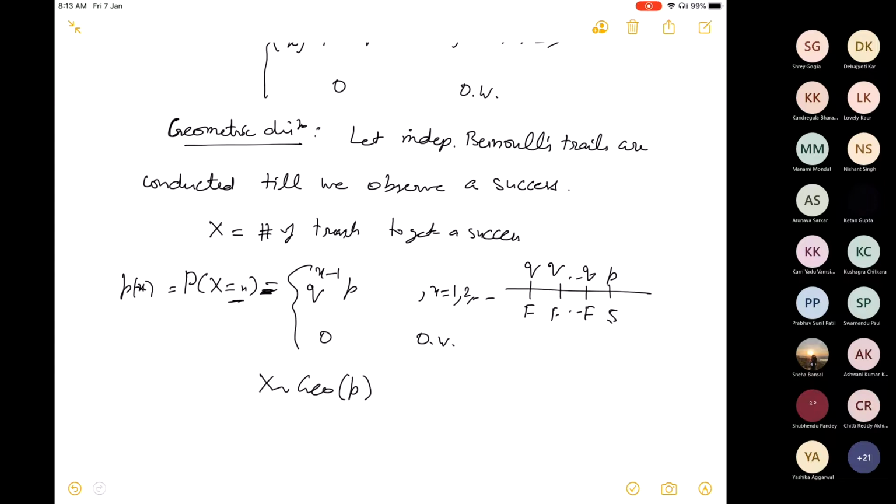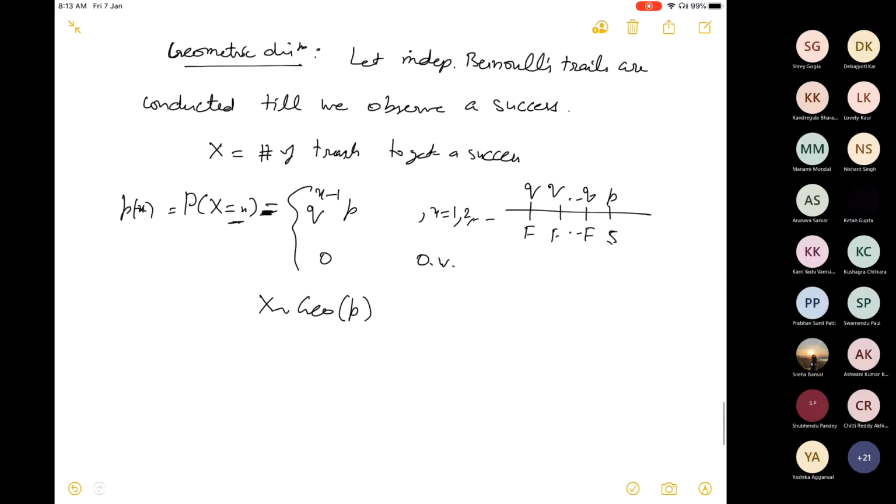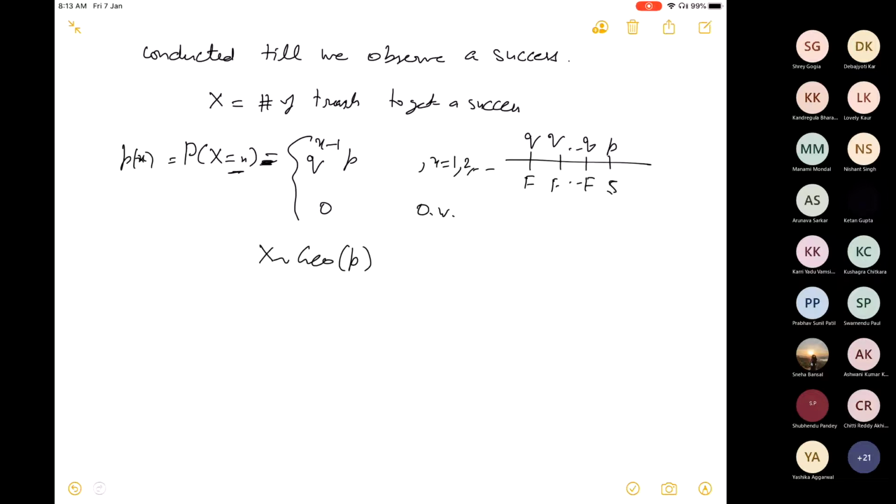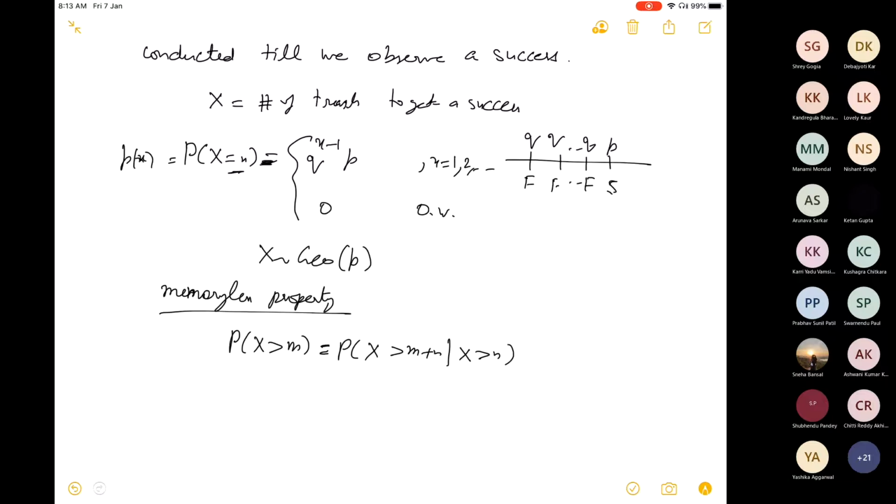Okay. So one of the important properties of the geometric distribution is the memoryless property. The probability that X is greater than m plus n given X is greater than n equals the probability that X is greater than m.